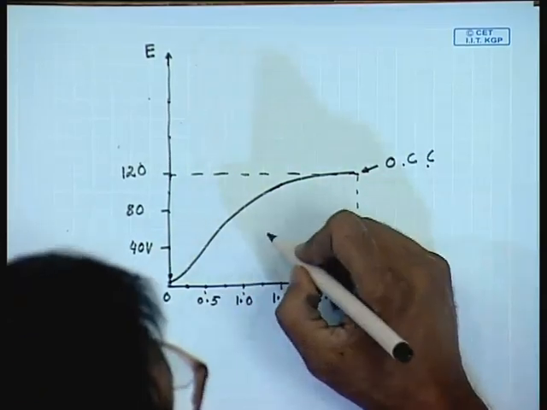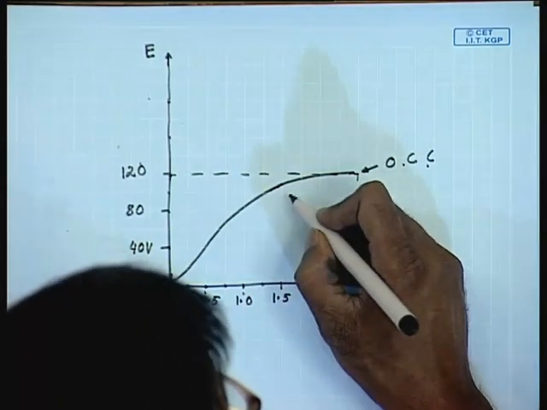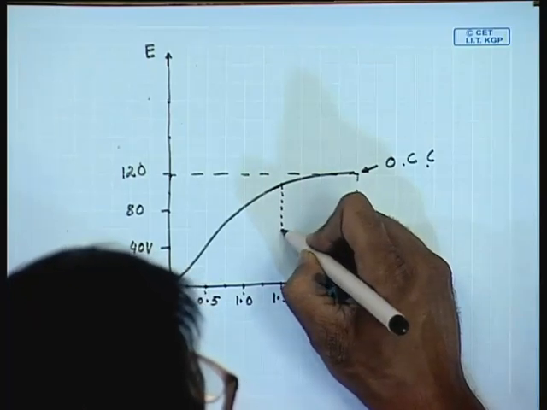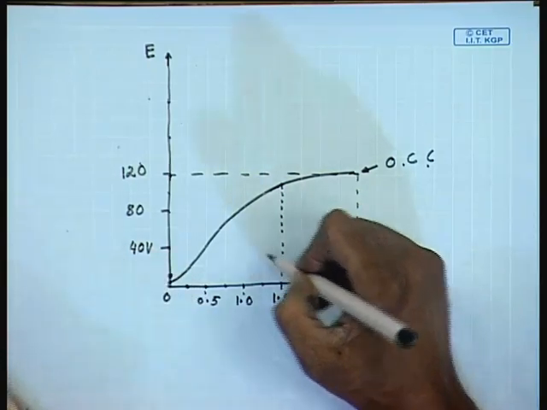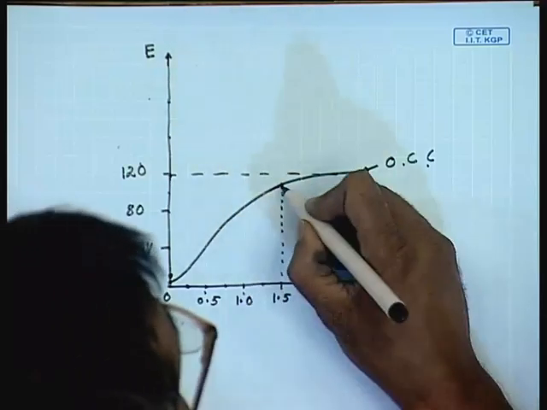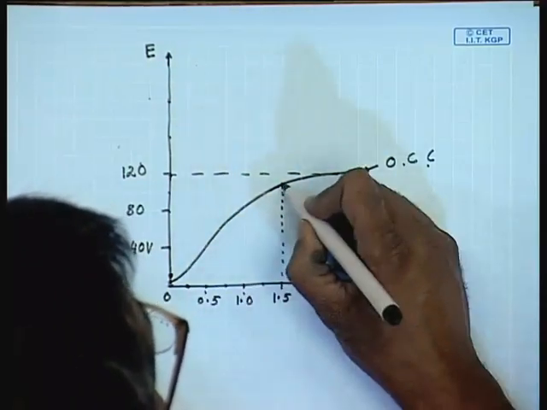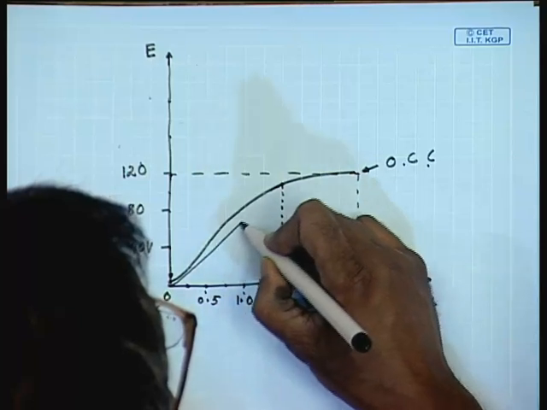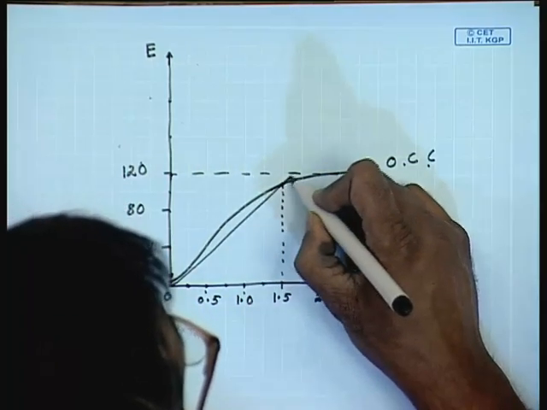It is further said that the field resistance is adjusted so that at no load with rated field current the machine generates rated voltage. So, this is the field load line.